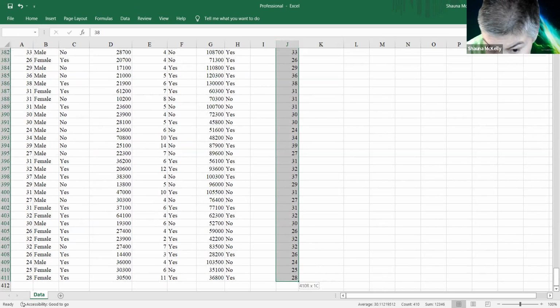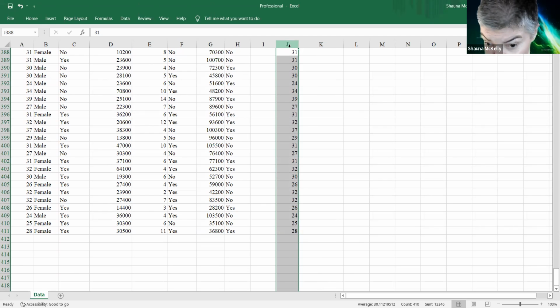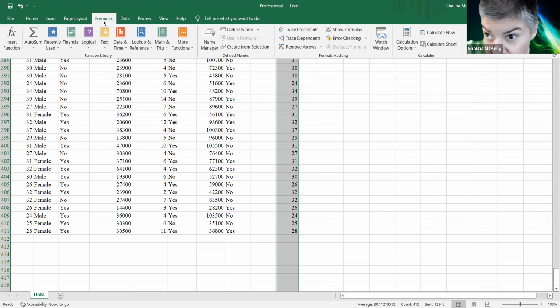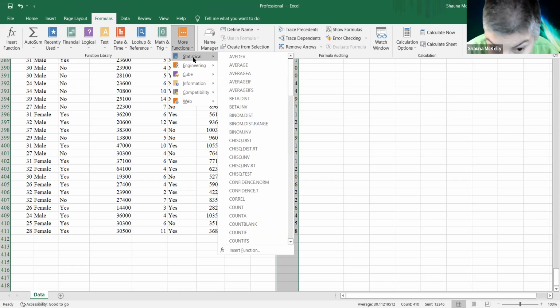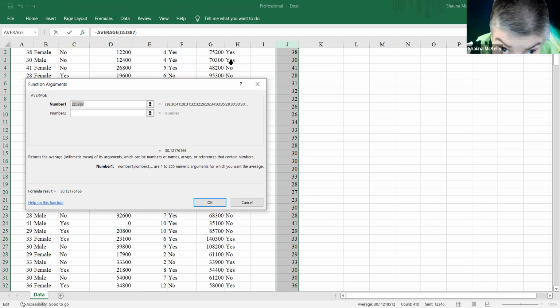You select the whole column J. Now here you can take your formula, and there are a few ways to do this, but rather than dividing by how many there are, I would just use the statistical function and determine the average, the arithmetic mean of the arguments, which can be numbers. So the mean, J2 to J87.